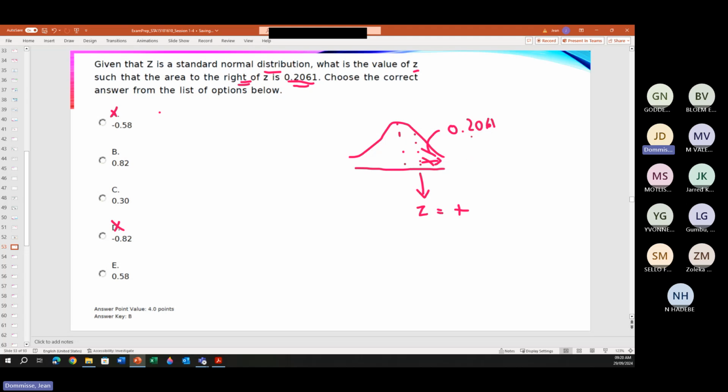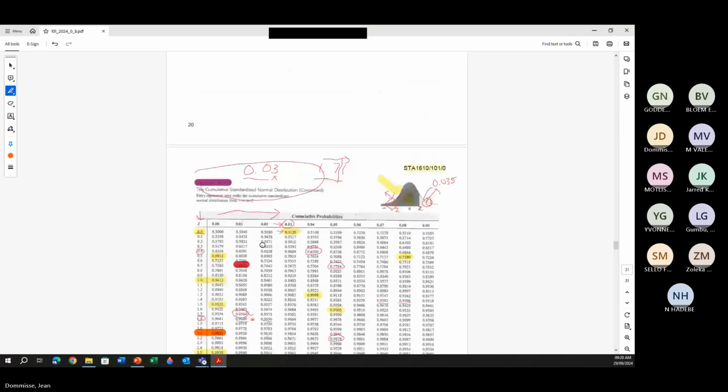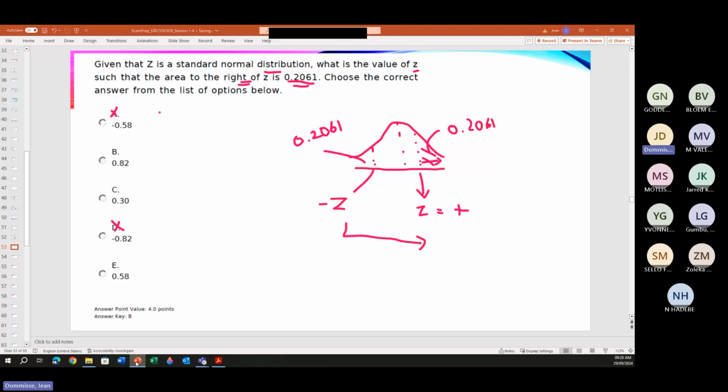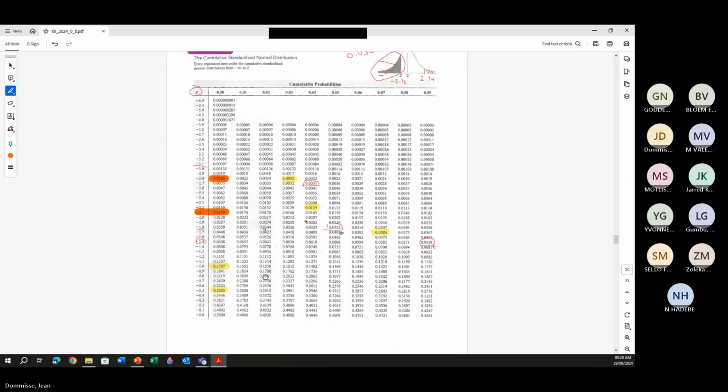Then I will say, okay, I'm comfortable using the negative table. So if I get that value in the negative Z table, then I know I can just change it to positive because of symmetry. So I'm going to look for 0.2061 in the negative Z table. Okay, 0.2061. There it is.